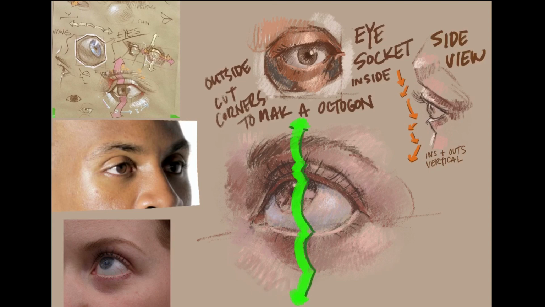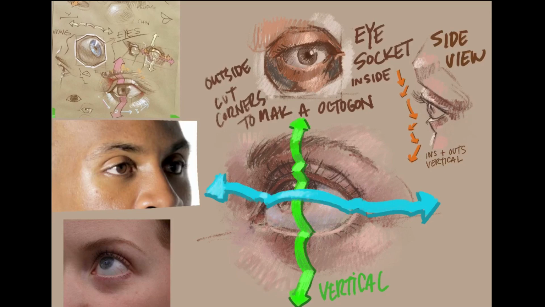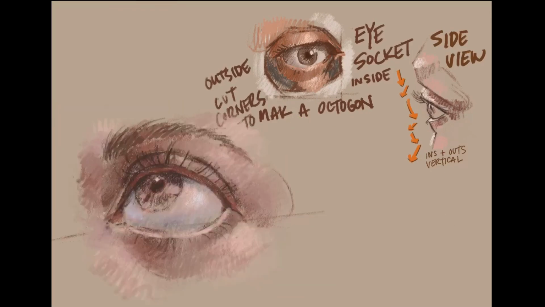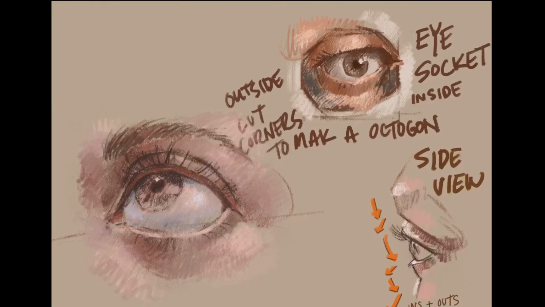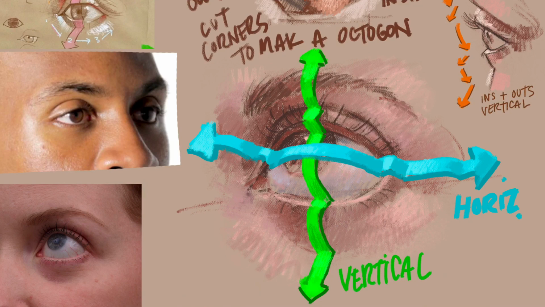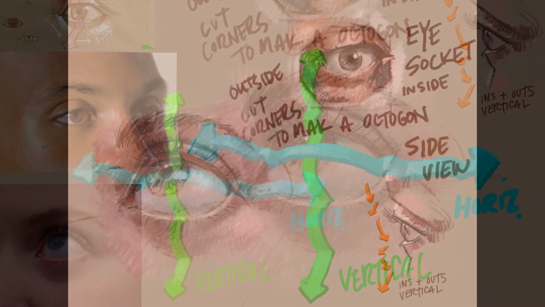Notice that it goes up and wraps over to the brow. There's a little shelf for the upper lid. The upper lid is much thicker than the lower lid, and from the inside to the outside, it's sweeping across also. It's very round. And here is a close-up of those sculptural ideas about the eye and those ribbons.